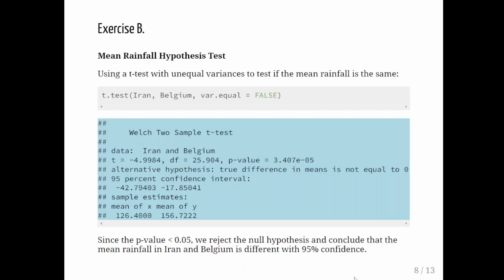So the mean of X, which is Iran, is 126 and the mean of Belgium, which is Y, is 156.722. So anyway, since the p-value is less than 0.05, we reject the null hypothesis and conclude that the mean rainfall in Belgium and Iran is different with 95% confidence.